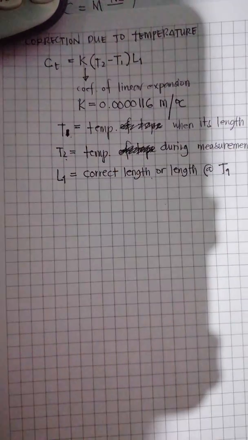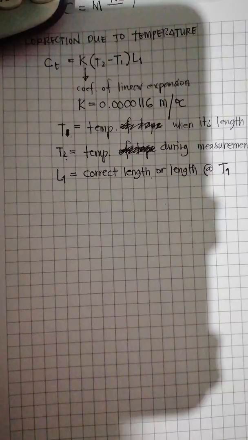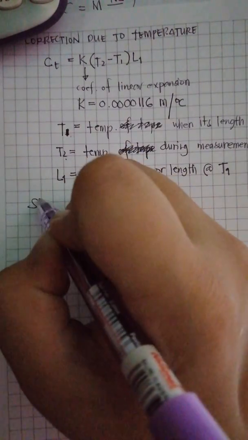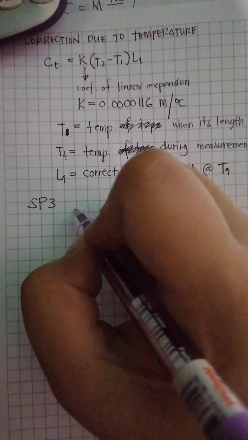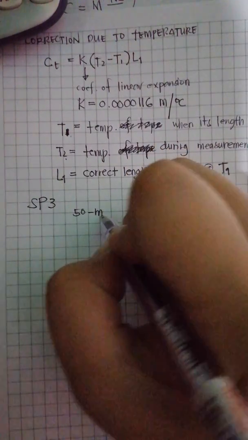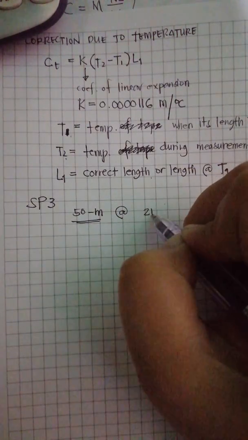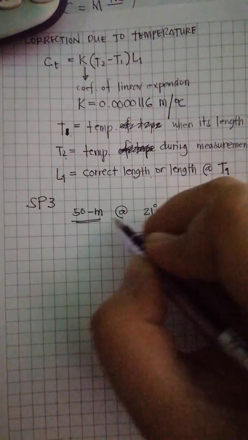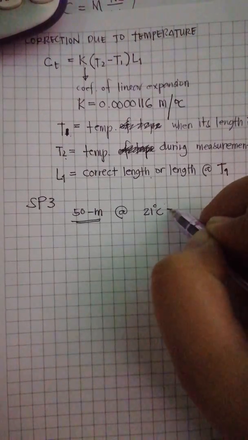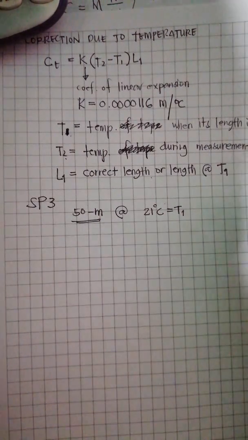Next, we will have an example, sample problem 3. A steel tape with a given coefficient of linear expansion is known to be 50 meters long at 21 degrees Celsius. So the tape used is 50 meters, and its length is standard at 21 degrees Celsius, so automatically this is your T1.